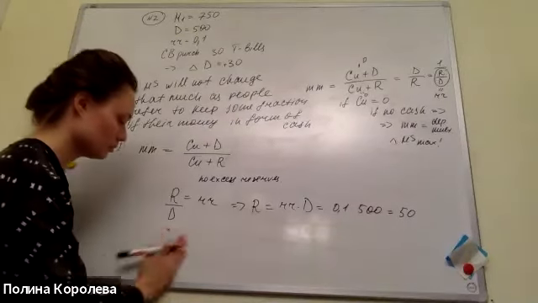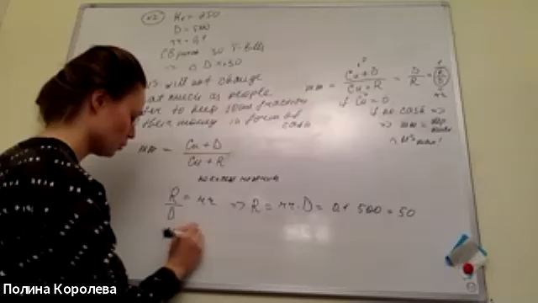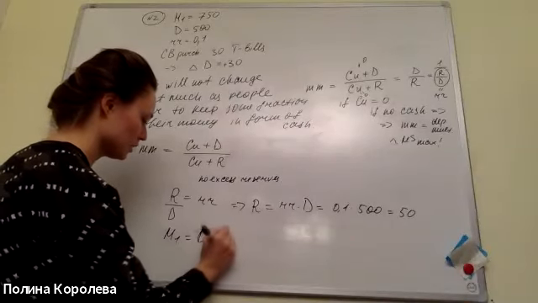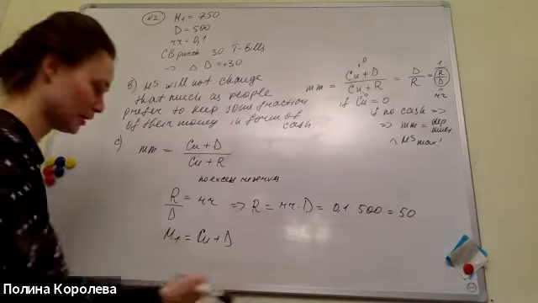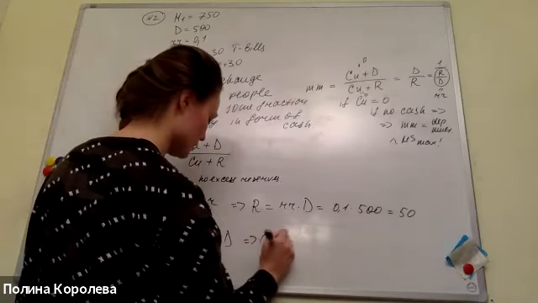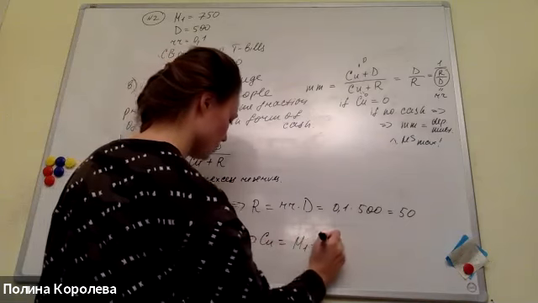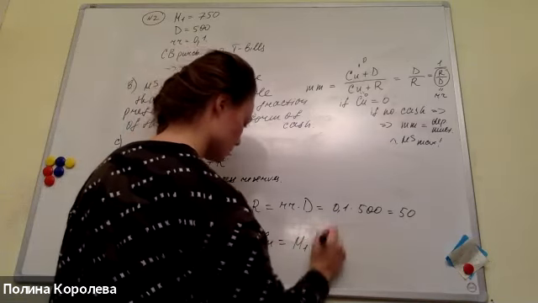Well, we also have a monetary supply, which we know, currency plus deposits. So we know that M1 equals currency plus deposits. We know deposits and money supply, so we'll find currency. From here, currency is our money supply minus deposits.